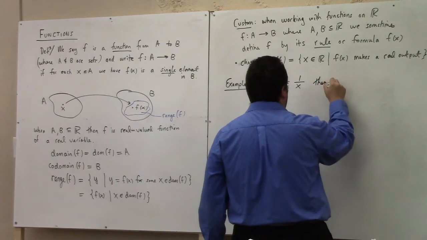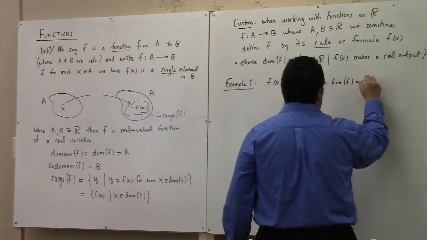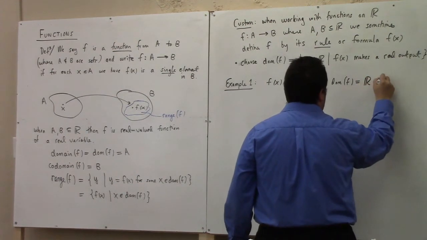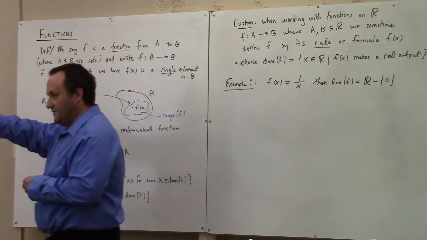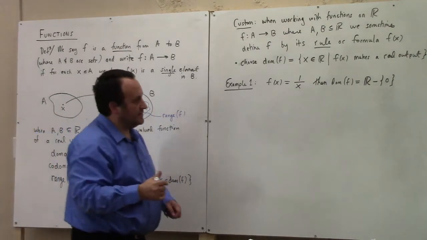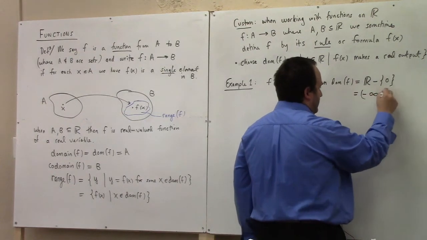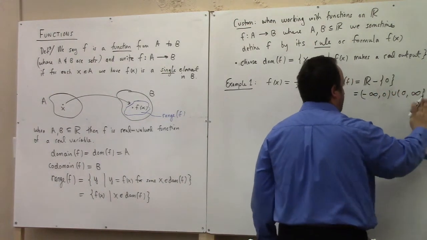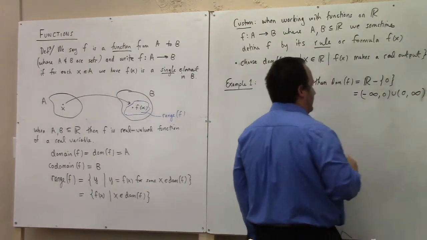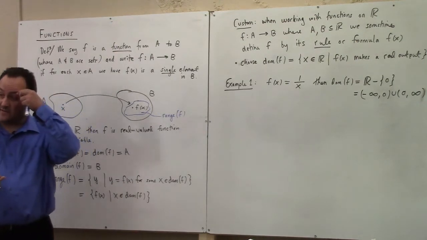By custom, the domain of f is the reals with 0 removed. So take the real numbers and get rid of 0. In other words, you could write that as minus infinity to 0, union with 0 to infinity. Right? Because the formula doesn't make sense when we divide by 0.